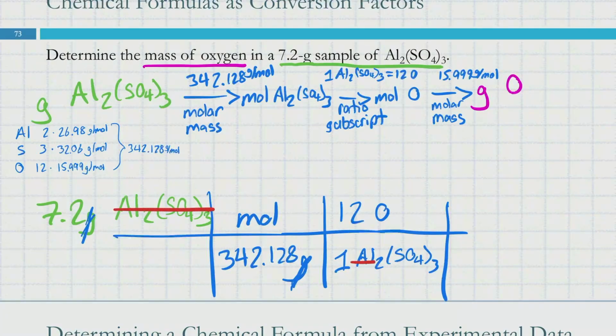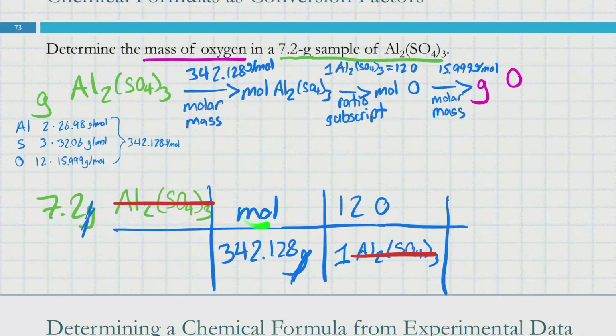So that converts our chemical. Now we just converted our chemical, so we should convert our other type of unit, our moles. So we're going to use our molar mass. The 15.999 goes up on the top so that the moles cancel. Grams over moles. Moles cancel.